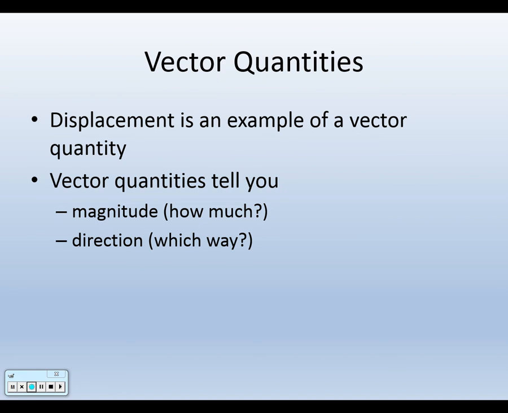And then direction is a not so fancy word that means direction. So vector quantities are required, especially when we start having to describe directions that things are going. Right? They're not just telling us how much of something, but also which way.